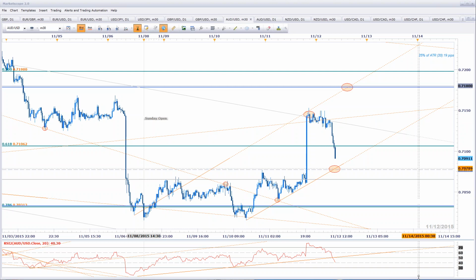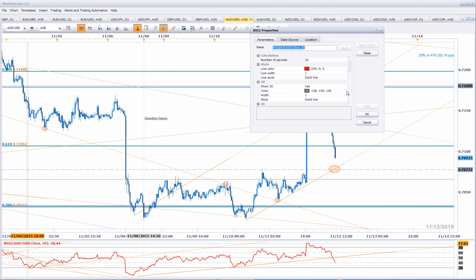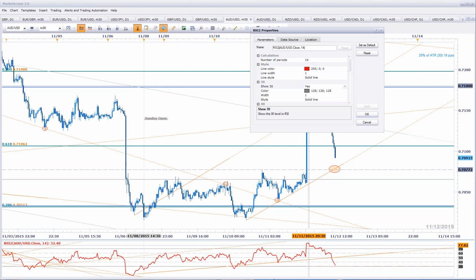The only way I do it is I go back and forth to see which one gives you the cleanest 40 and 60 holds, the cleanest trigger breaks. A lot of times when there's excessive volatility, you want to stick to a 20 period because it'll smooth it out a little bit. When volatility starts to contract, a lot of times we'll go into a 14 period, which will give you a little bit better picture of what's going on in the near term.